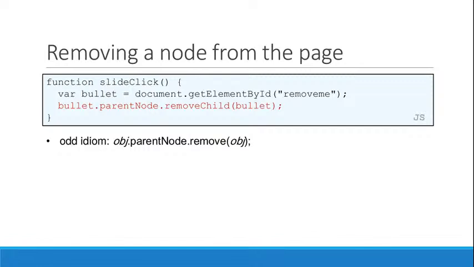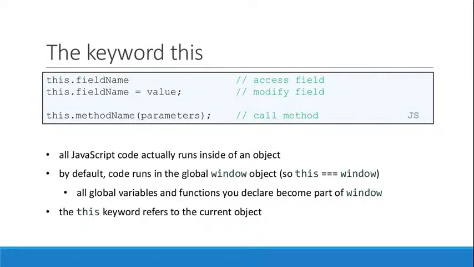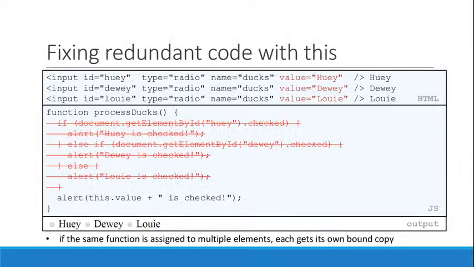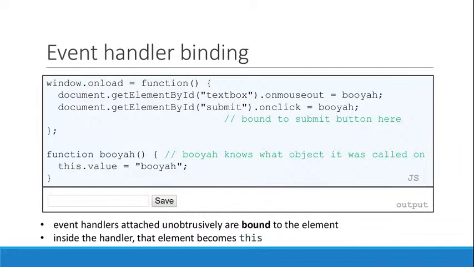And we have seen how we can remove a particular child from a parent node. And we have discussed the this keyword, the event handler binding for this. So that was what we had done.